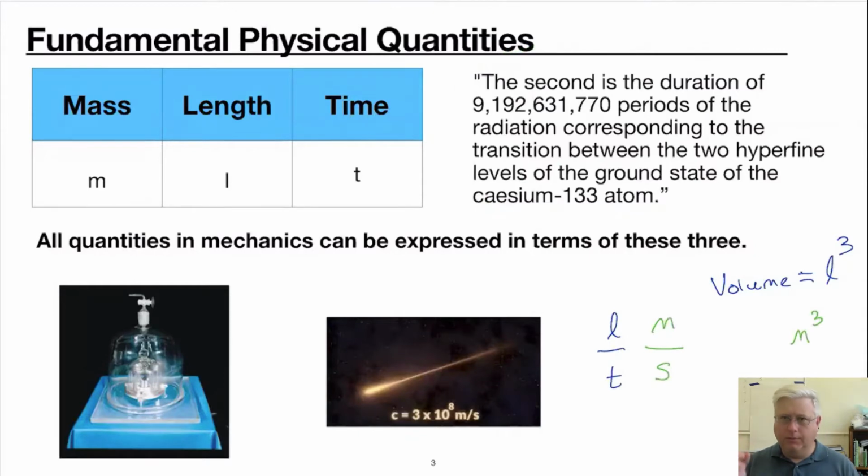They came up with this more precise definition based on this cesium 133 atom. So the point is, you don't need to remember and memorize these things, but it's just to illustrate how over time we continue in physics to try to make more and more precise measurements and definitions of what something is, right? We have to define things if we're going to talk about them, and so that's part of physics.